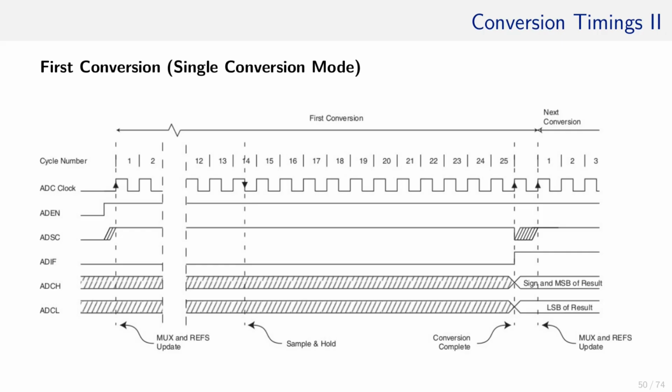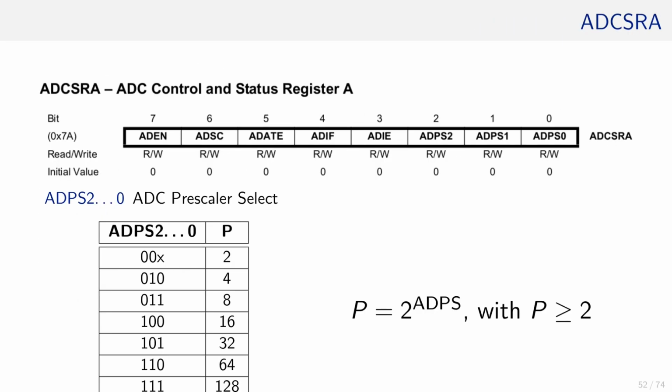After that, every successive conversion reduces to 13 cycles. And that summarizes the effect of setting ADSC, which is also set by the Arduino function call analogRead. After ADSC follow ADATE and ADIF, but we are going to talk about those in the next session.